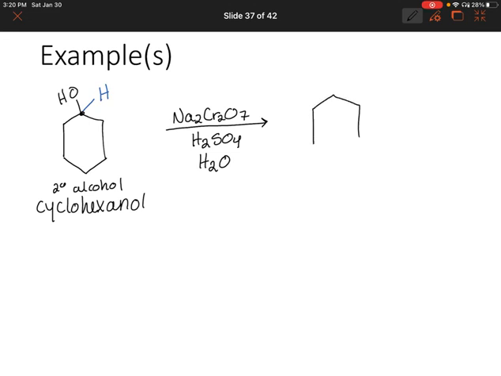All right, so we would lose that hydrogen and we would turn our alcohol group into a ketone. And the name of our product is cyclohexanone. So ONE indicates that we have a ketone, but we'll learn how to name ketones later on, so don't worry too much about that. Okay, let's do another one.